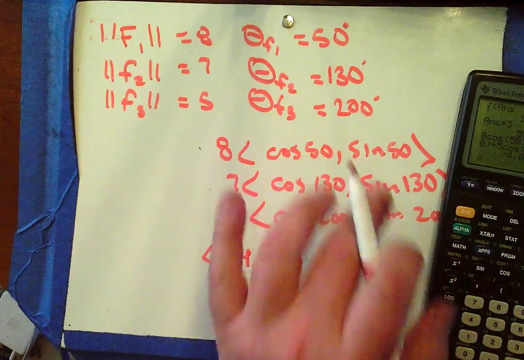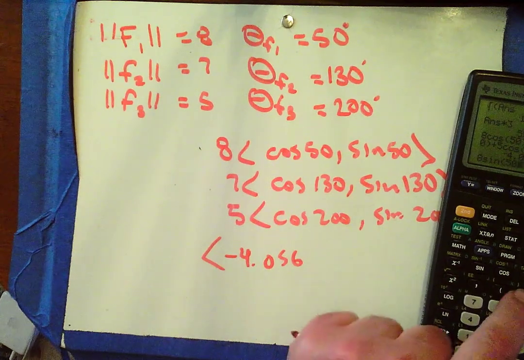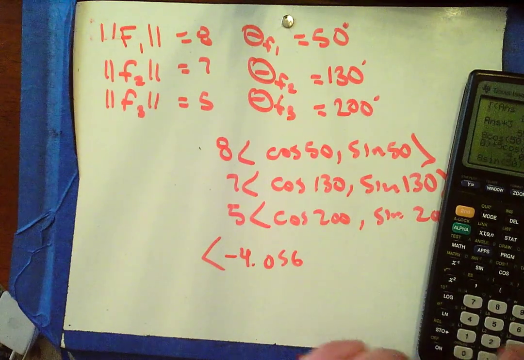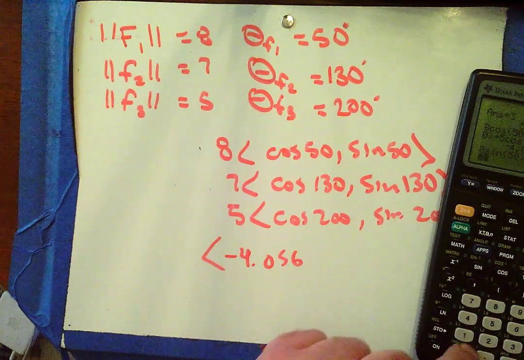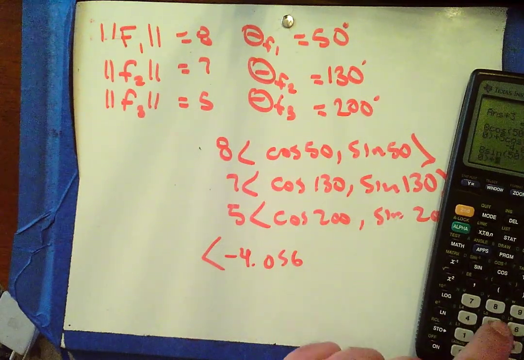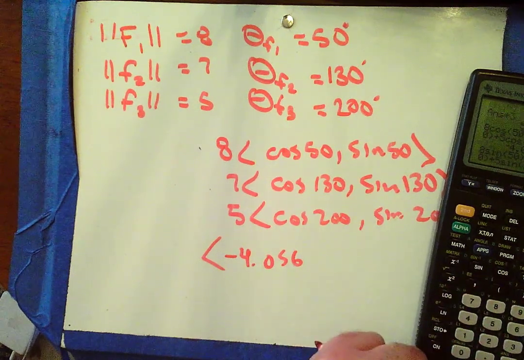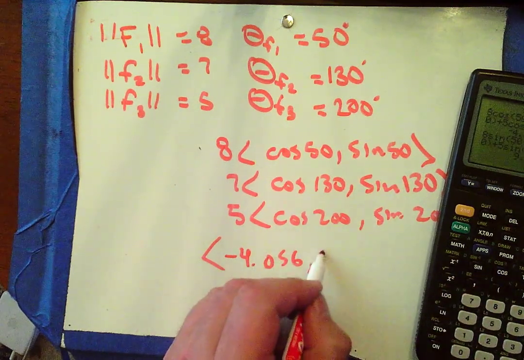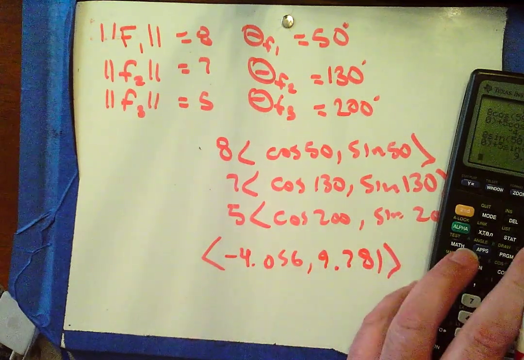And now we want to do the sine stuff. 8 sine 50, close parentheses, plus 7 sine 130, close parentheses, plus 5 sine 200. And I end up with 9.781.